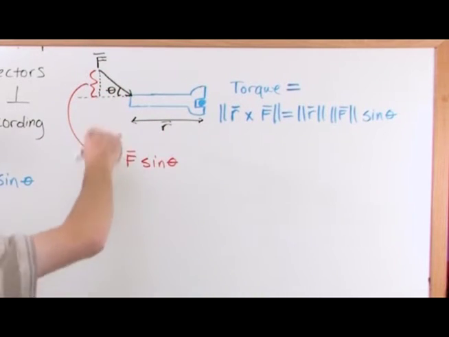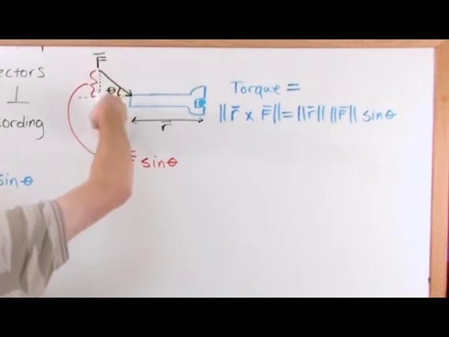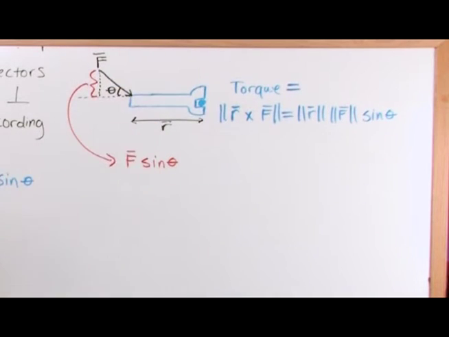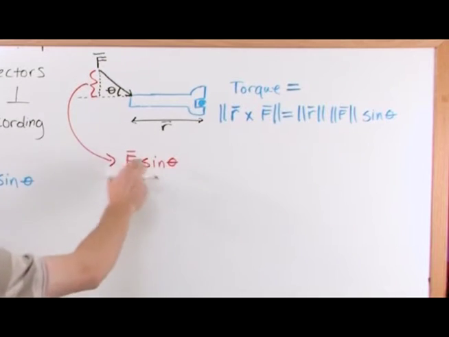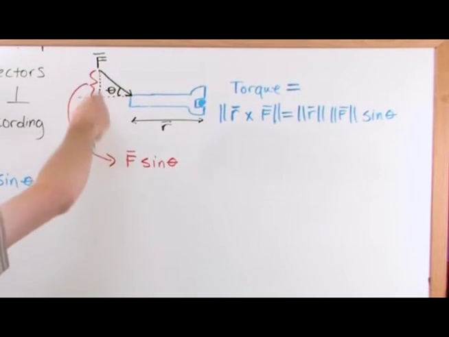We don't care about that one. The torque is only dependent upon, and only responds to, the component of the force acting perpendicular to R. That's why it's R times F times sine of theta. The sine of theta chops the force down so that only its perpendicular component matters for the torque.